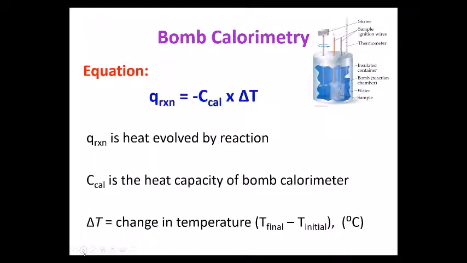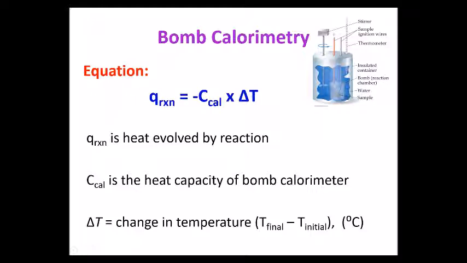A different feature is we use this equation here. The Q reaction is equal to negative C-cal times delta T. Now, Q reaction is the heat evolved by the reaction, assuming it's exothermic, so it's transferring heat to the water here. The C-cal is the heat capacity of the bomb calorimeter, so they have to do some testing to figure out what the heat capacity is of that first.